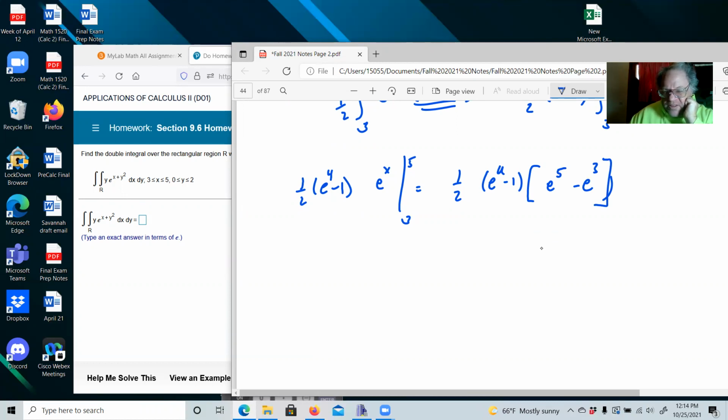All right. Really not a lot we could do with any of this. We could FOIL this out. I'm going to chance my luck and see whether or not we have to. So we have 1/2 e to the 4th minus 1, e to the 5th minus e to the 3. Now I'm just kind of hoping we don't have to do anything more.